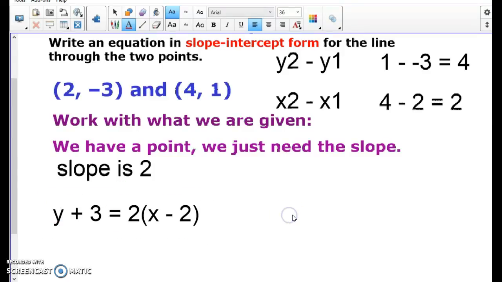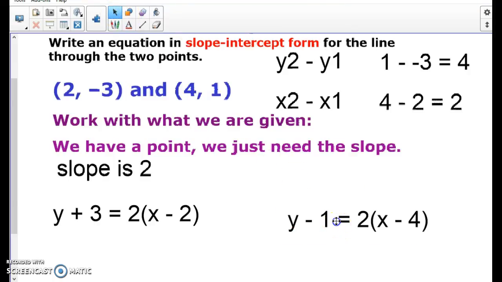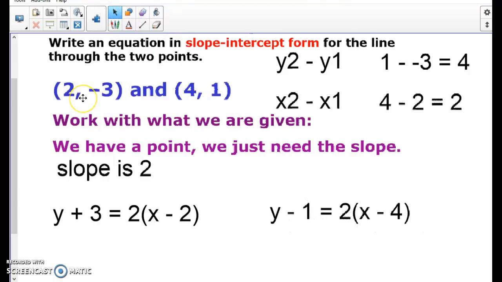Or you can use that other point, it does not matter which one, y minus 1 equals 2, and then x minus 4. I'll show you why they're going to be the same, because it's really going to end up being the same line.